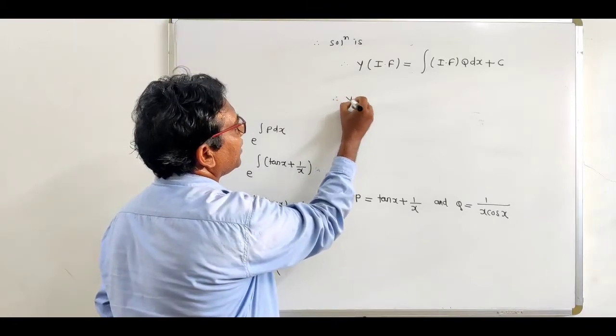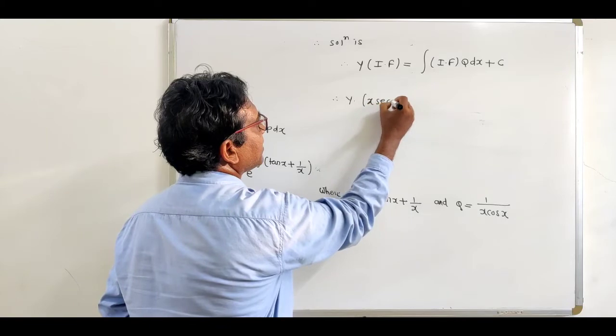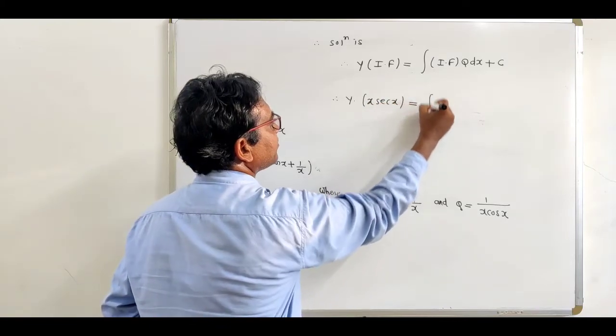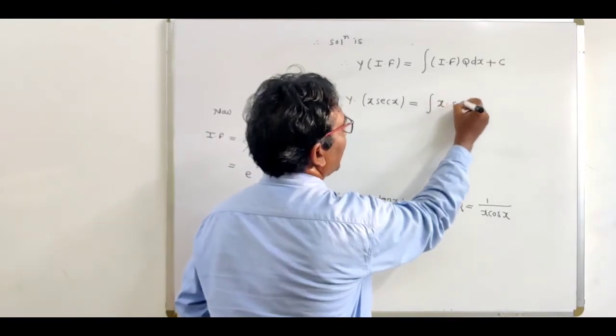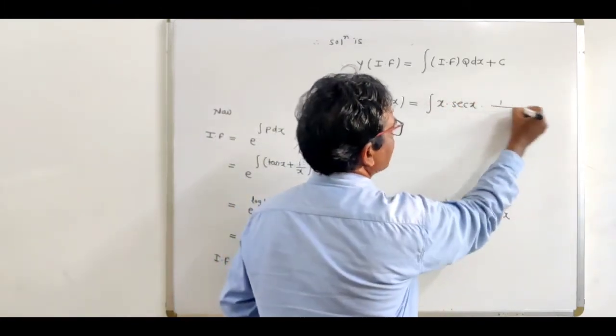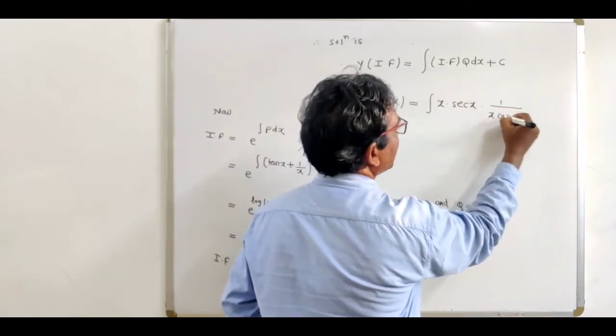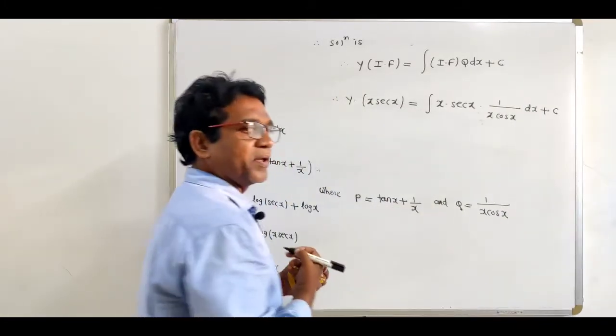So this is y into, what is our integrating factor? That is x into sec x. This is equal to integral, integrating factor x into sec x, into, what is Q? Q means 1 upon x into cos x dx plus constant of integration.